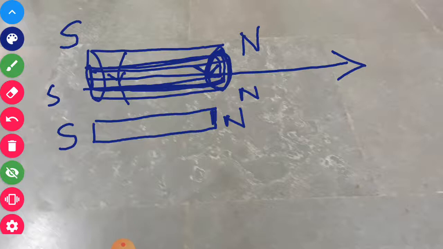So the solenoid behaves like a bar magnet, having the same magnetic moment. Okay, so they both have quite similar magnetic fields also.